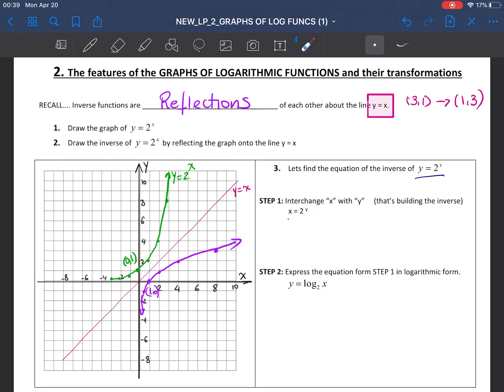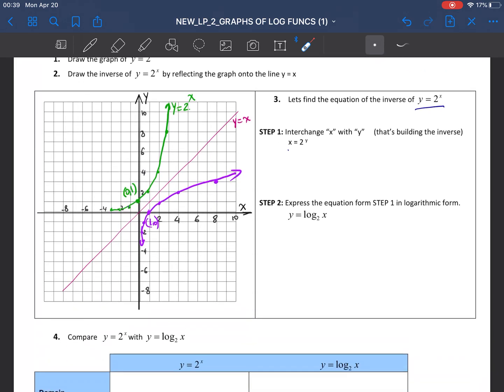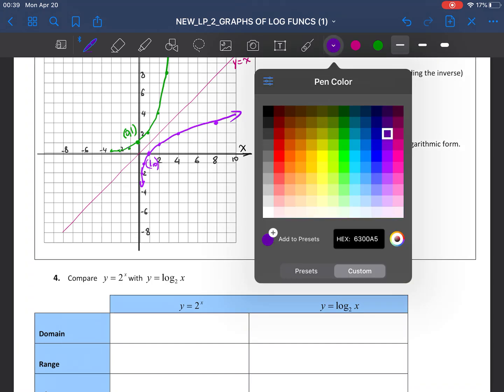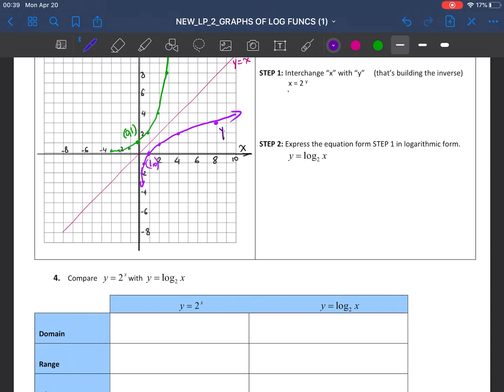So we're going to say that the exponent y equals the log. We must raise the base 2 to obtain x. So we are going to say that the equation of this purple graph, the inverse of the exponential function, is y equals log with base 2 of x.